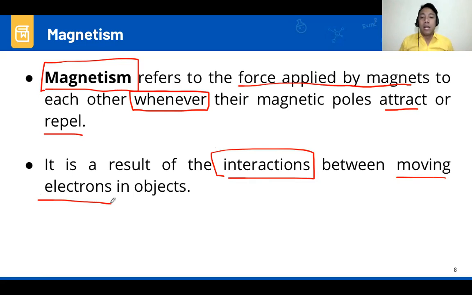We cannot see them, but science still says that electrons are everywhere. Remember, magnetism is the force applied or interaction. When you move the magnets, it's either attract or repel, it's still magnetism.